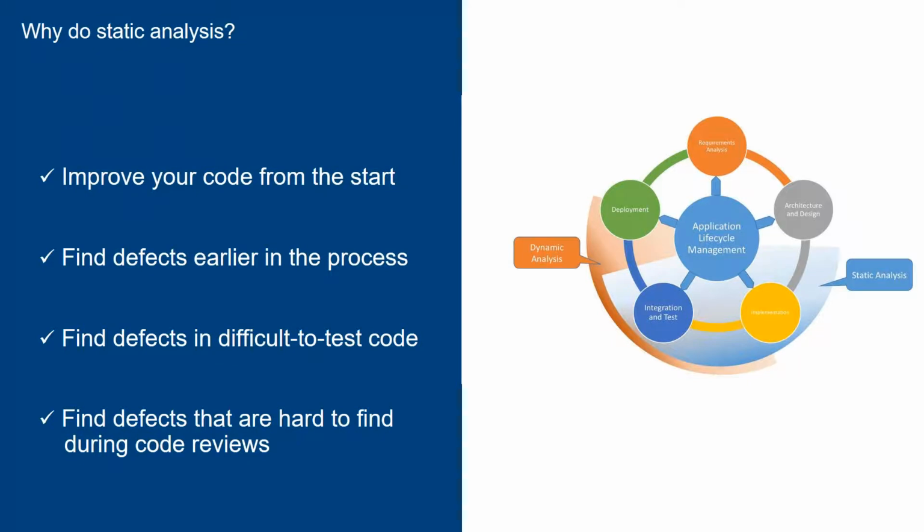So why should you use static analysis? Well, once you can compile your code, you can start testing it in terms of static analysis. So you can find errors very early in the process, and it will go through some code that might be difficult to write test cases for, and it's also very efficient to use together with code reviews.